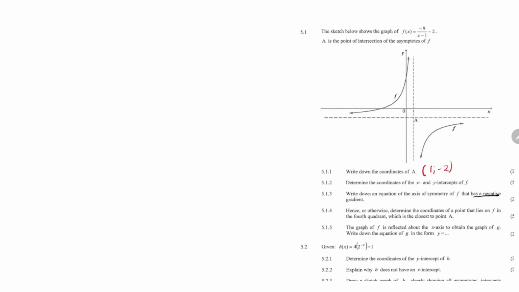All right, so where is our fourth quadrant? This is the first, second, third, and this is the fourth.